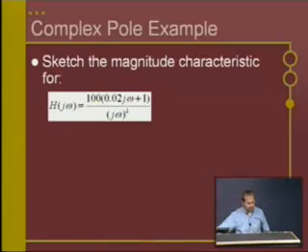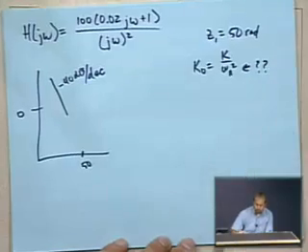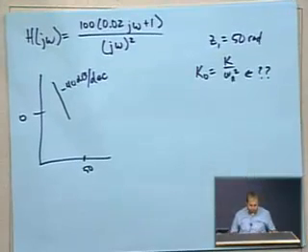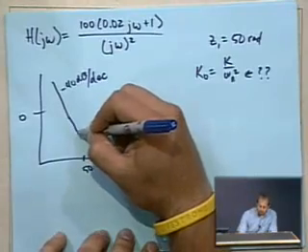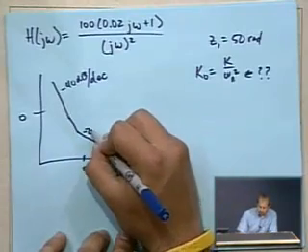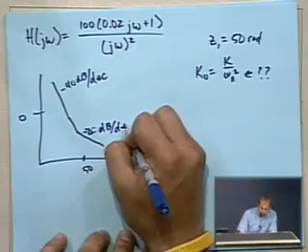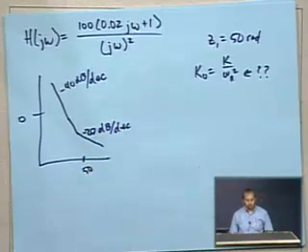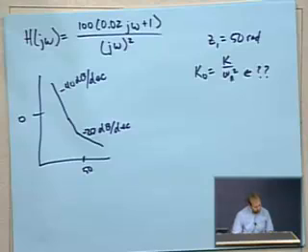But I need to check on that, because I can't remember how to solve this one. What I do remember is that at 50 it changes to a negative 20 dB per decade slope, and it crosses the 0 axis at... so apparently, what is n?